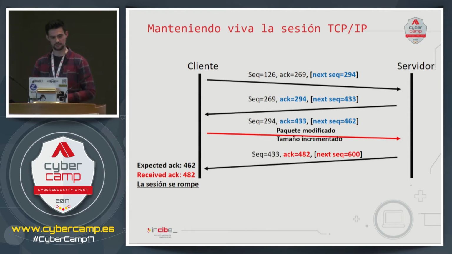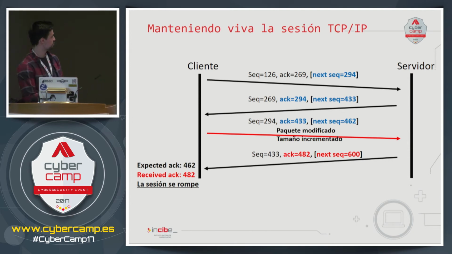It's how the acknowledgement and the sequence numbers work in the TCP IP or TCP session. It's quite simple, really. This is how it works, and this is a problem. When the client sends a package to the server, with sequence number 126 and acknowledgement 269, the sequence number of the next package that was going to be sent was estimated in advance.